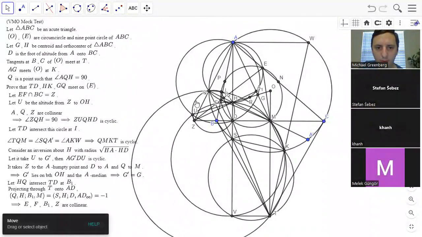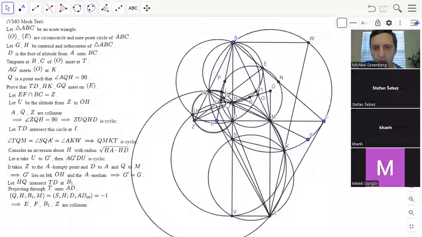Like we know that B1Q times B1H is B1I times. Actually, what was I doing? I just confused myself. So we want to show this is cyclic.